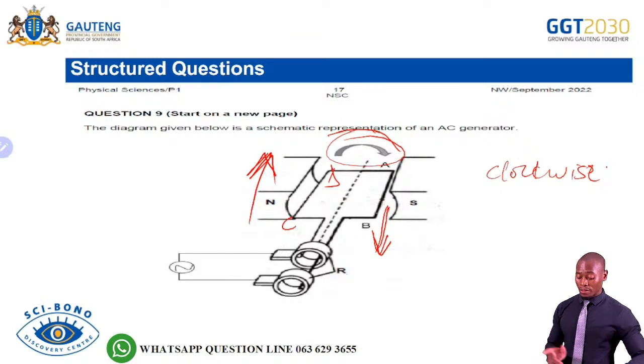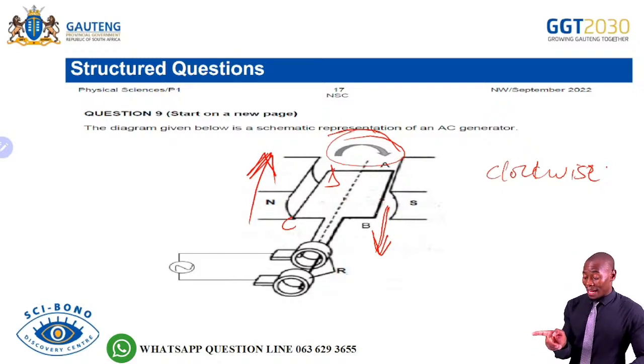So I'm doing that. I just want to check whether the current will move in or out. If it's in, it's B to A. If it's out, it's A to B, right? So I'm starting now. Look at my index finger. My index finger is pointing to the south pole, because this index finger shows the direction of the magnetic field, from north to south. All right.